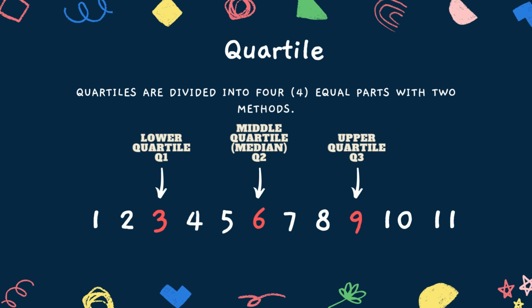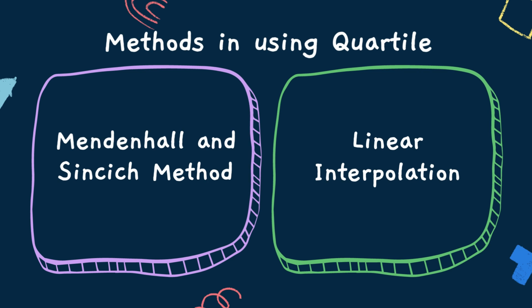And the third is the upper quartile or Q3. Let's discuss more about it because we have two methods. What are the two methods of the quartile? We have the Mendenhall and Sincich method, and next is the linear interpolation method.